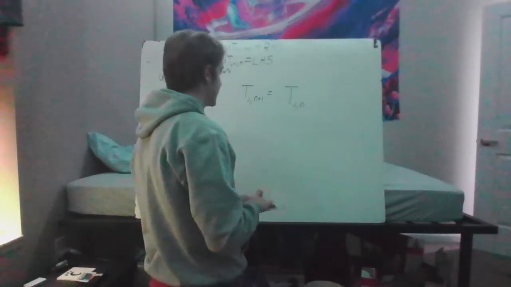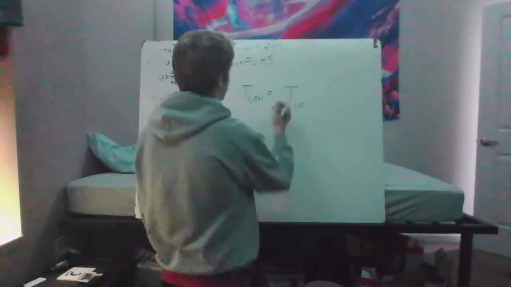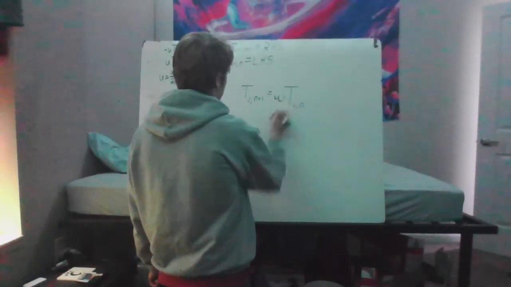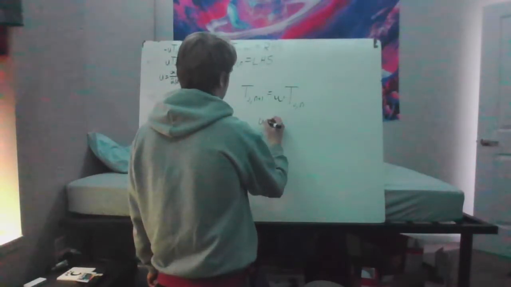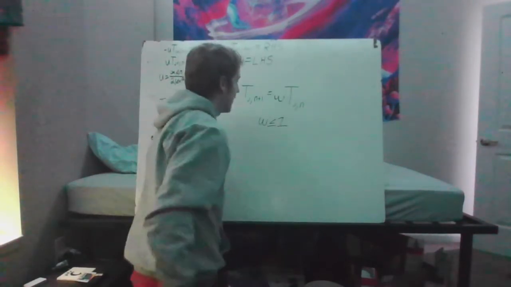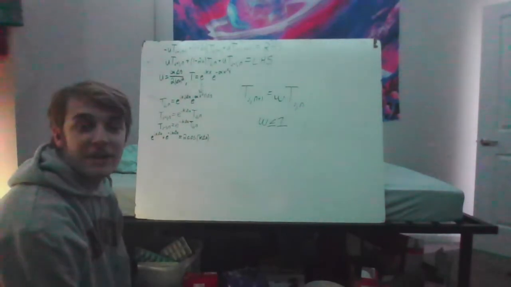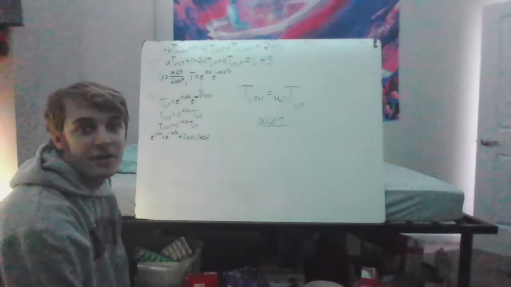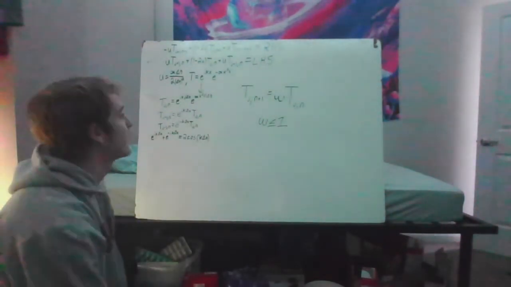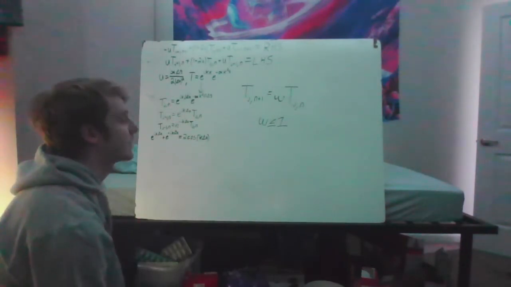These two temperatures are going to be related by some factor, we can just call it omega, and we're going to want omega to be less than or equal to 1. What this means, using our von Neumann analysis, is that our formula from the Crank-Nicolson method will be stable when that omega value is less than or equal to 1.